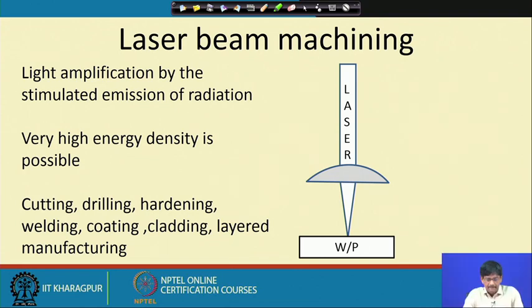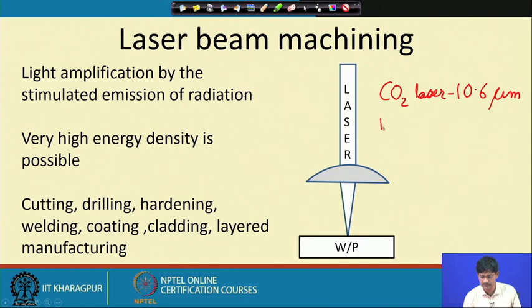And examples of laser include CO2 laser. The wavelength is 10.6 microns.